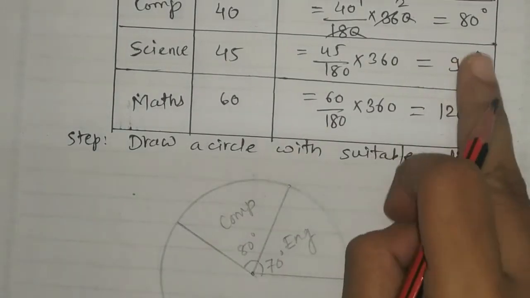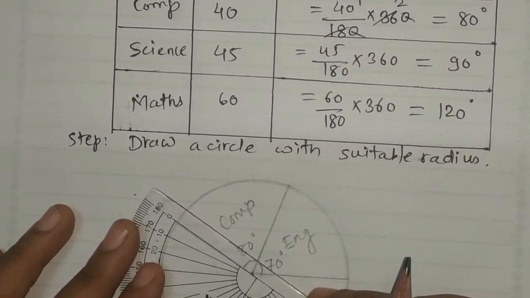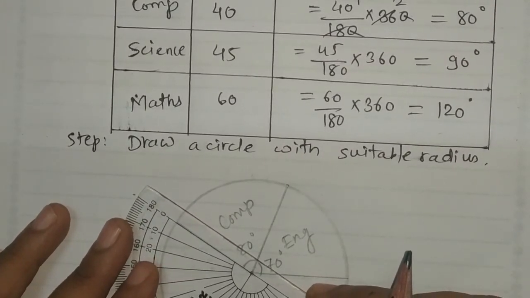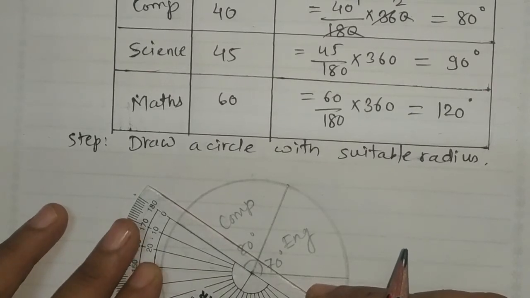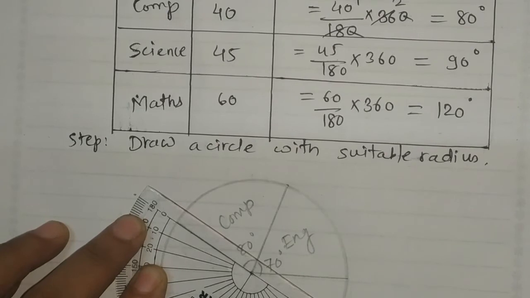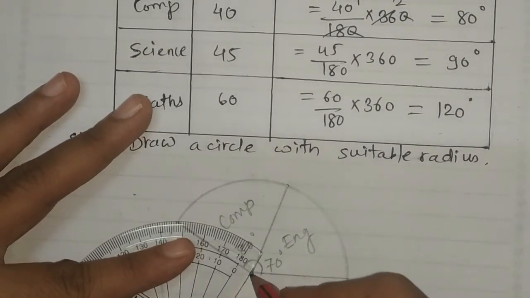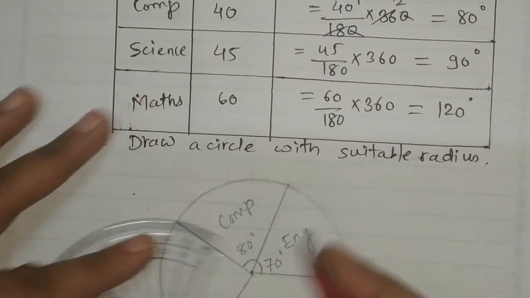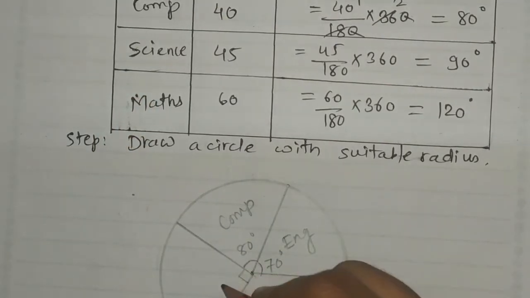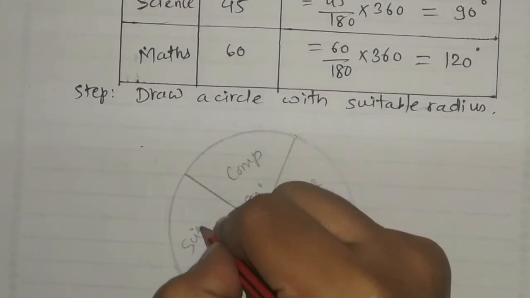Next we have to draw 90 degrees. So marking on this, 90 degrees will be a right angle, so draw the 90 degrees. And this is for the science.